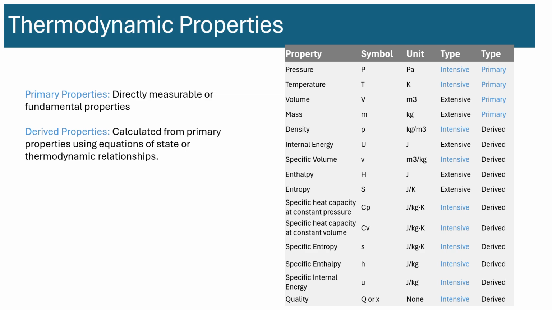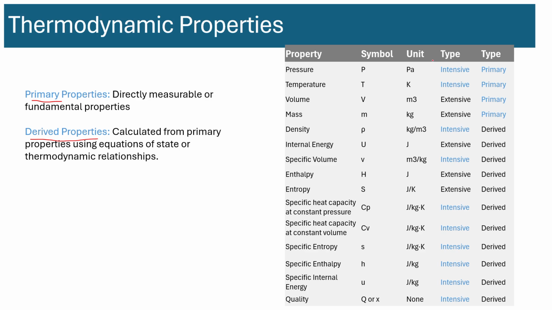Now, this slide gives you a bunch of properties that will be useful in this course. And again, like we discussed before, there are two ways of classifying the properties. One is properties that are measured directly, called primary properties, and properties that are measured indirectly or calculated based on the primary properties, called derived properties.